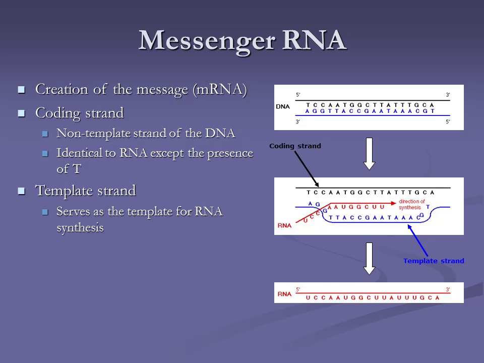Now, RNA production, our transcription from our DNA, in many ways is a much simpler process. But when we look at our DNA strand, we have 2 strands, right? A parallel and anti-parallel strand. We're always thinking 5' to 3'.